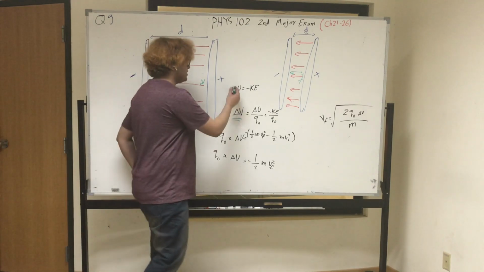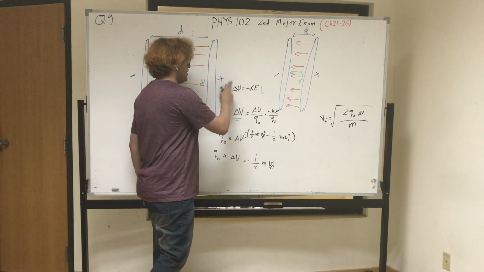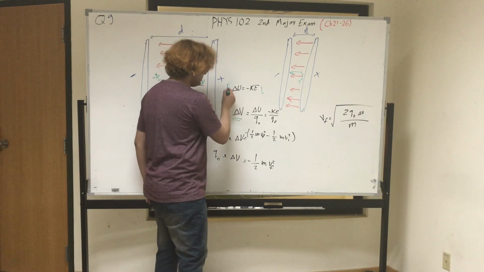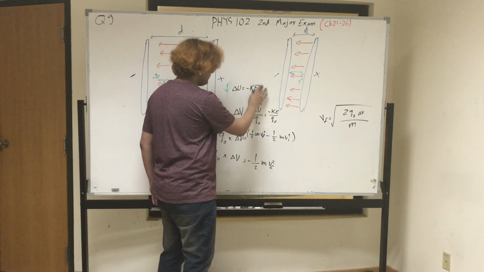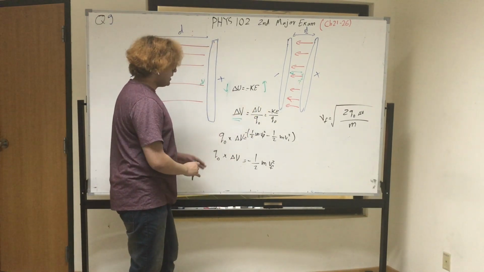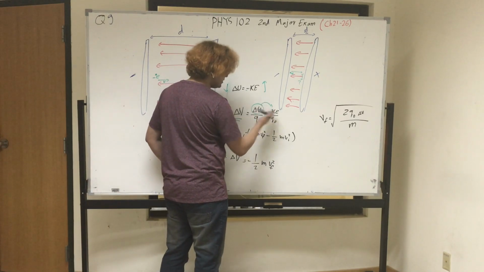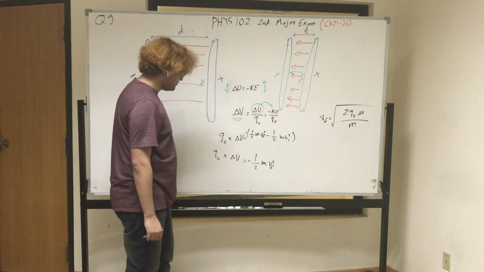If the potential energy goes up, the kinetic energy goes down, and vice versa. Like if the potential energy decreases, the kinetic energy increases. That's why we have a negative sign. So we could rewrite the change in potential energy as negative the change of kinetic energy.